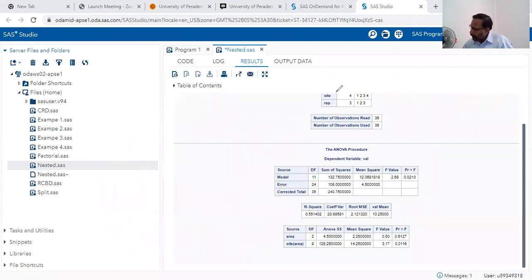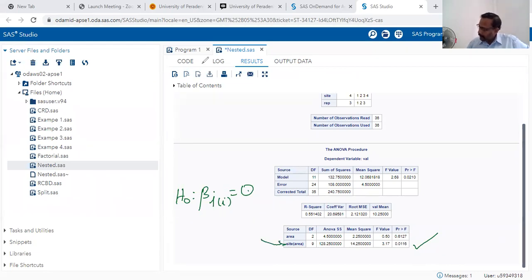So now we can explain this. We will come to the area in a little while, how to test that. We can test this null hypothesis, beta j within bracket i is equal to 0. That is my null hypothesis.